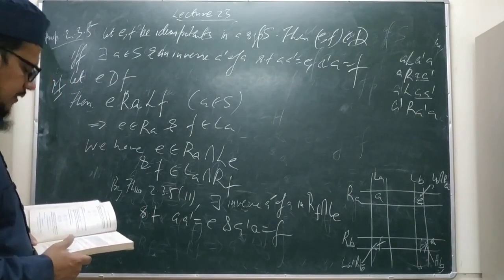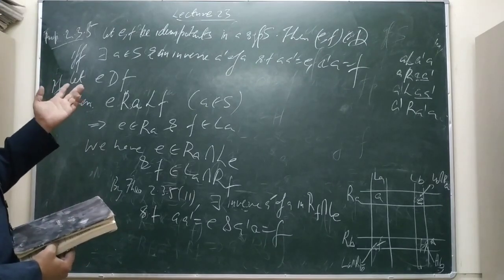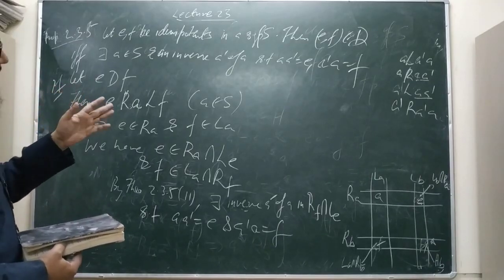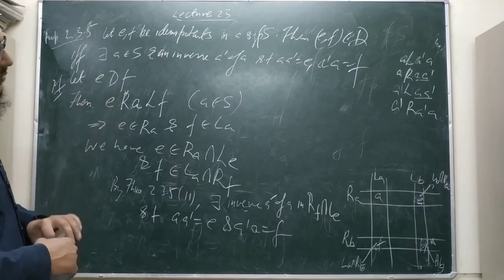Now the converse is trivial. The converse is that if there exists an inverse A dash of A such that A A dash is equal to E and A dash A is equal to F, then E and F are related to each other. It's obvious.